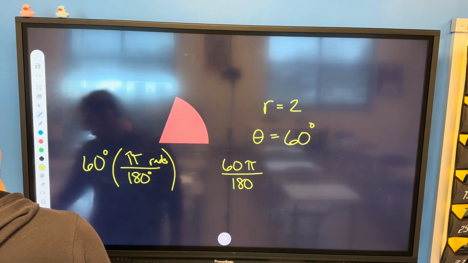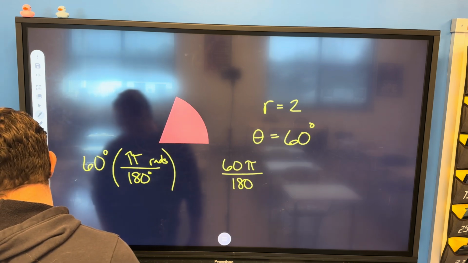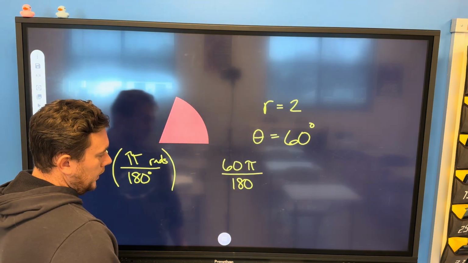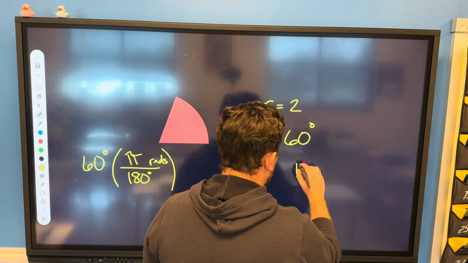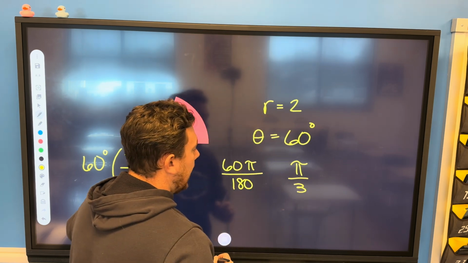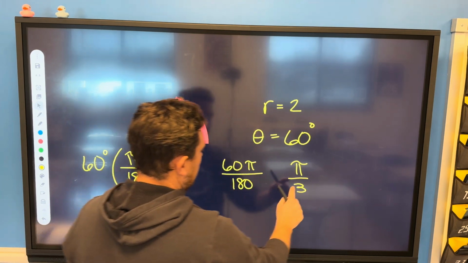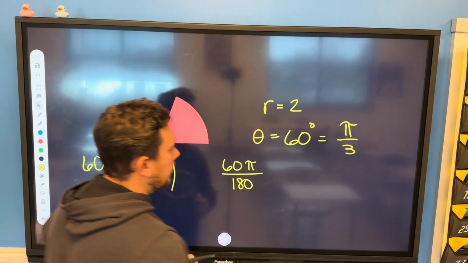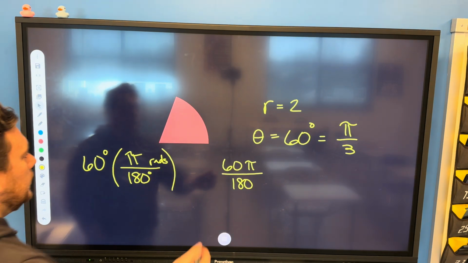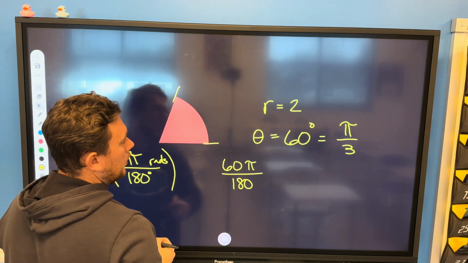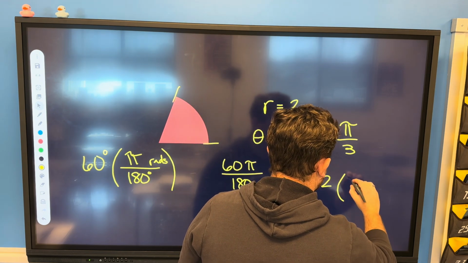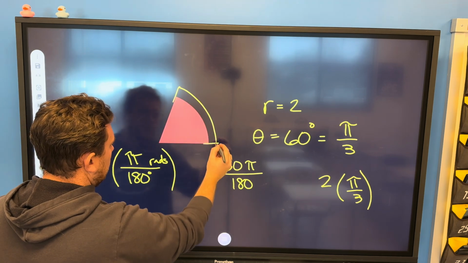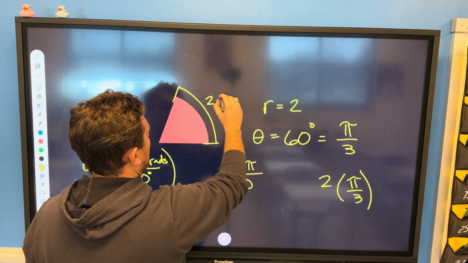That is going to simplify down to pi over 3, since they're both divisible by 60. That's our new radian. All we have to do now to find that arc length is take 2 times pi over 3. So the length of the arc from here to there is 2 pi over 3.